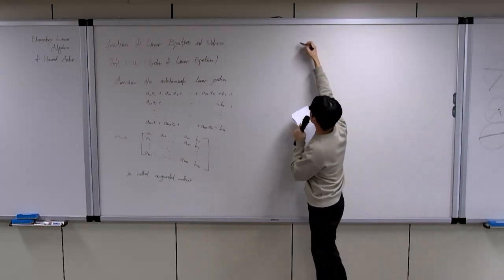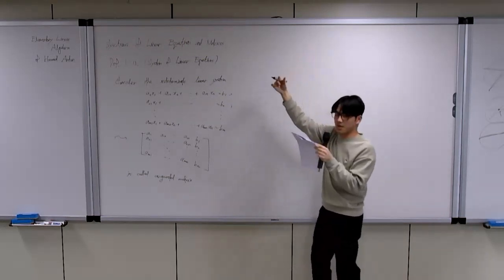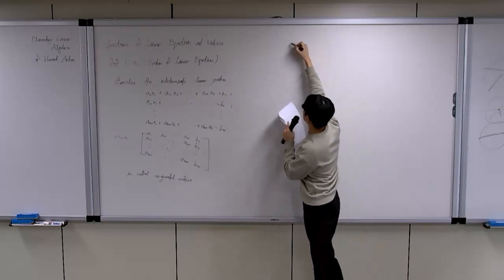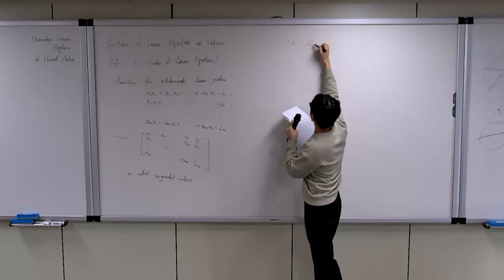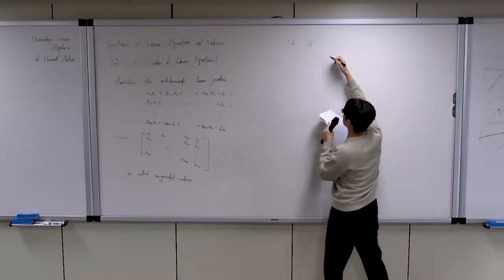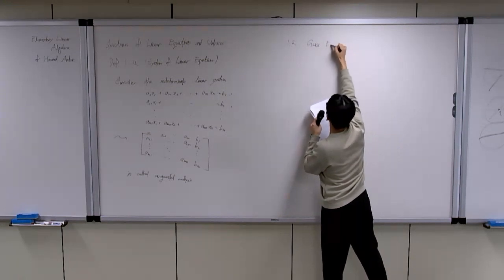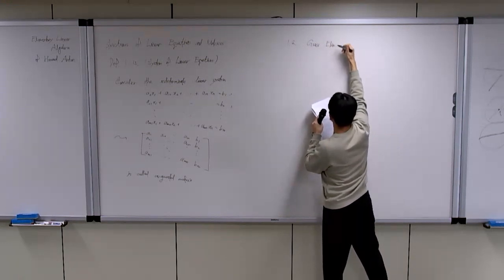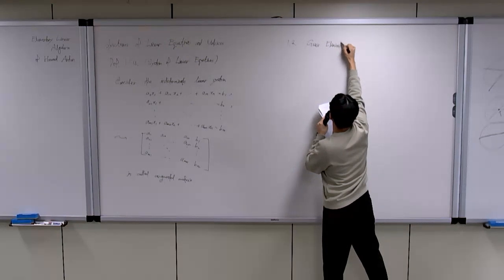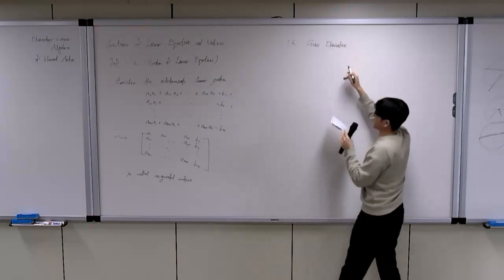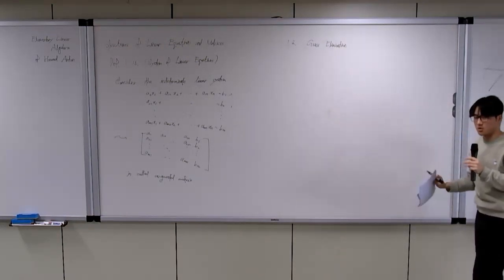Before we begin, I will explain Gauss-Jordan elimination, which is the origin of linear algebra for finding the solution of a linear system.